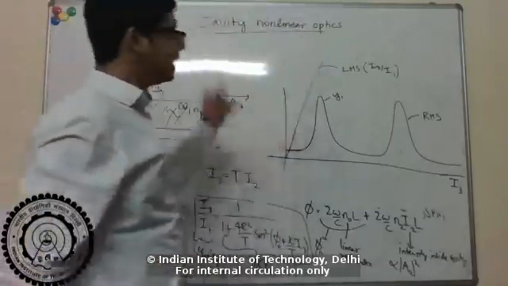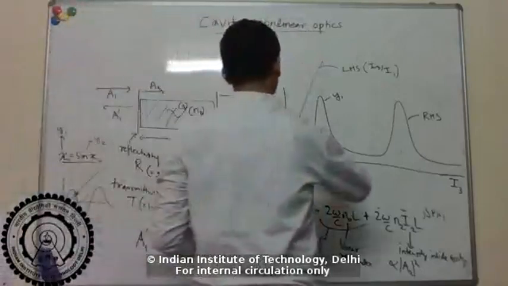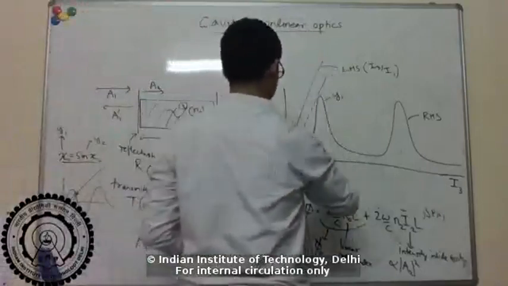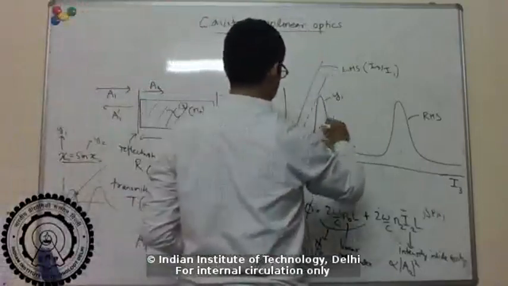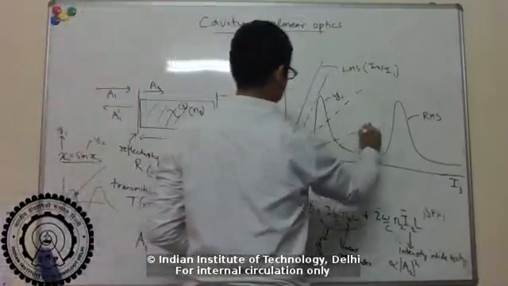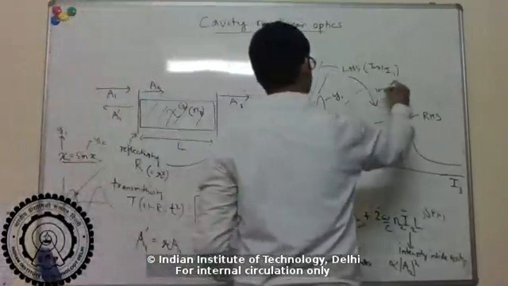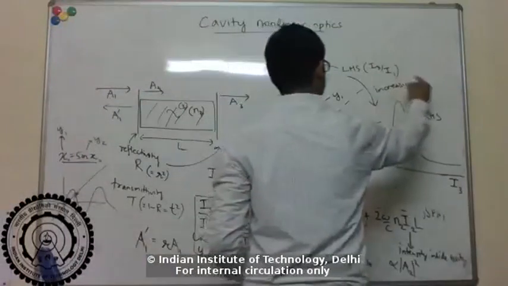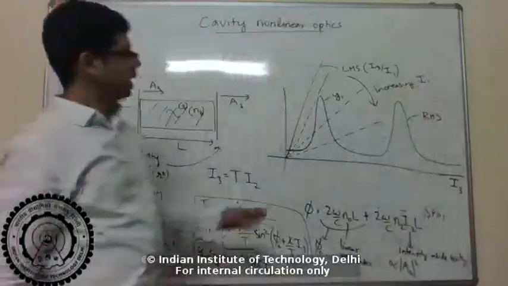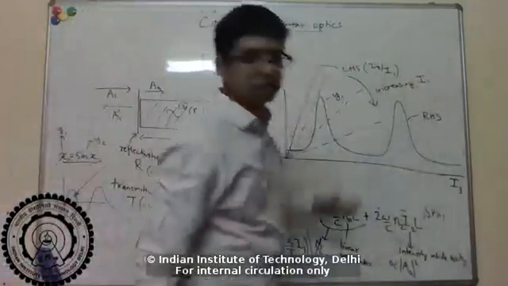And then as I increase my intensity, the slope becomes lower. So this is for increasing I1. As I'm increasing my input intensity, the slope 1 over I1 is decreasing.